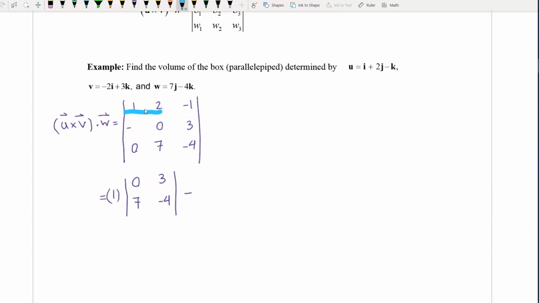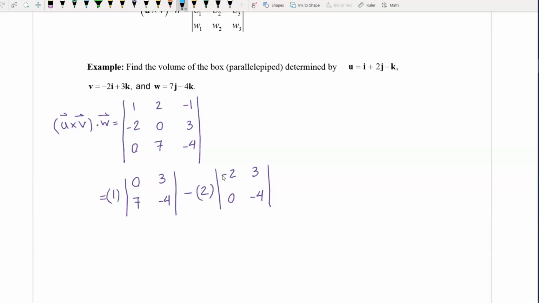Now here we have first row and second column. So here we have 2 times negative 2 times negative 4 minus 3 times 0. So we have these numbers in our matrix. So here we have negative 2, 0, 3, negative 4.